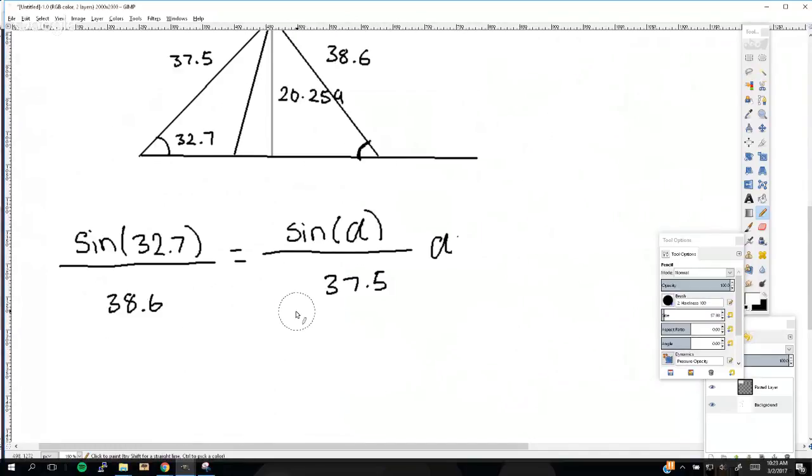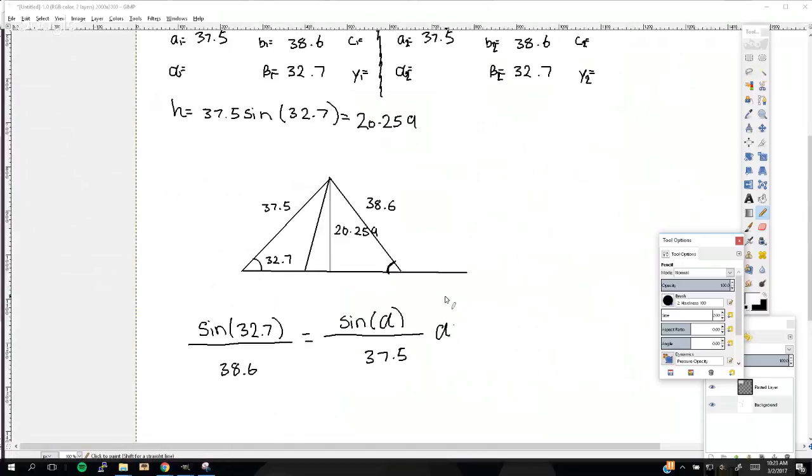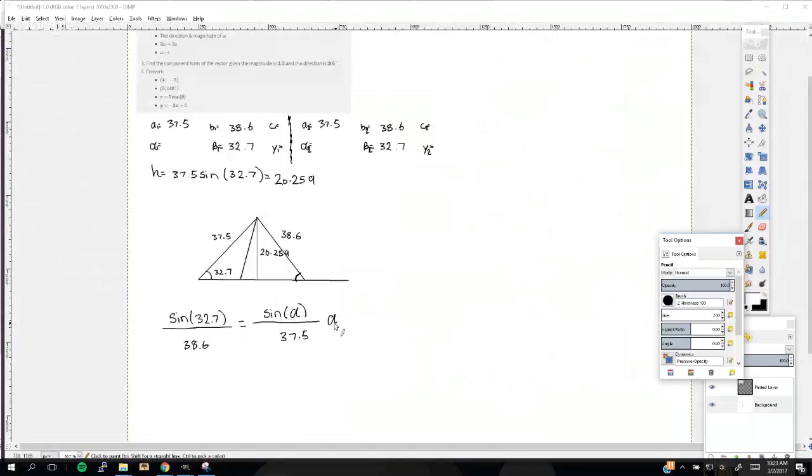We may have to go ahead and use the law of cosines just to see what's going on here. So we go ahead and use the law of cosines. What can we do it for?